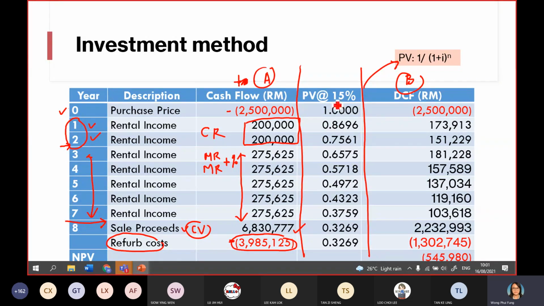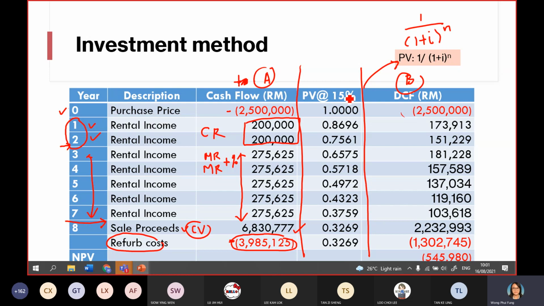B part is the PV, present value. This is the value that you are going to get in the future. That's why just now I mentioned the next step is you have to convert it to today's value by using the PV formula. The PV formula is 1 divided by 1 plus i to the power of n. i percentage, right?